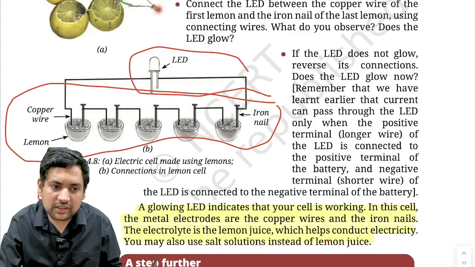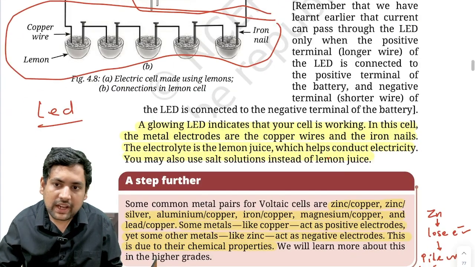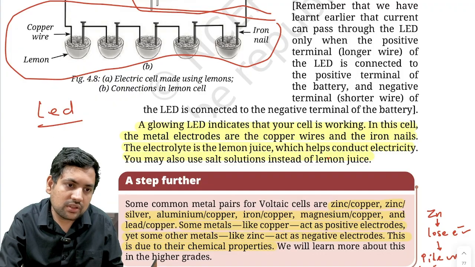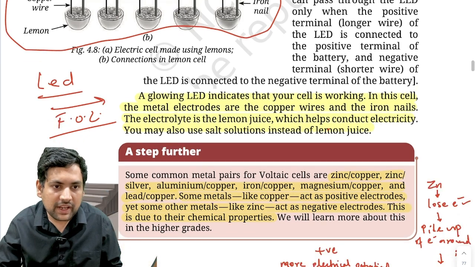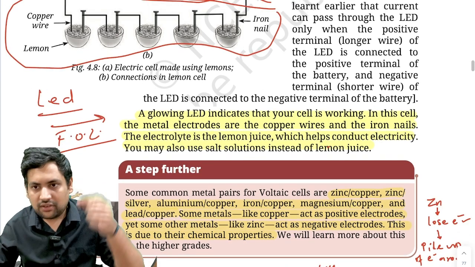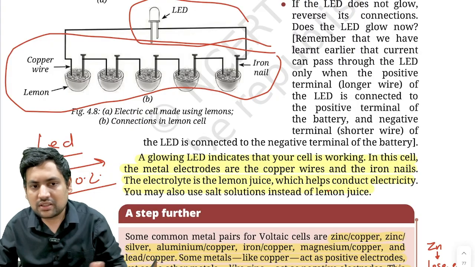So it can provide it. Then in LED, if you remember what we had learned, that LED allows flow of current only in one direction, correct? That is why it said that you try from one side. If it does not work, you just reverse the LED and then it will start working.